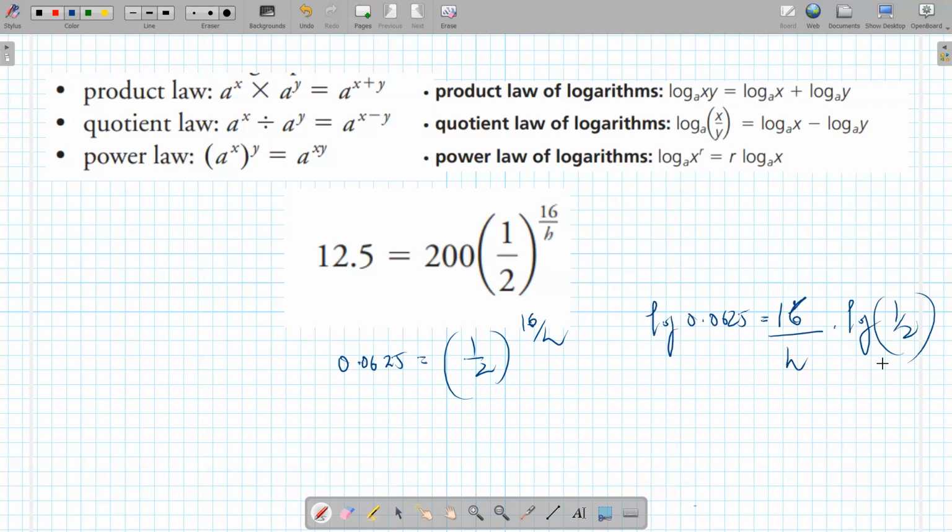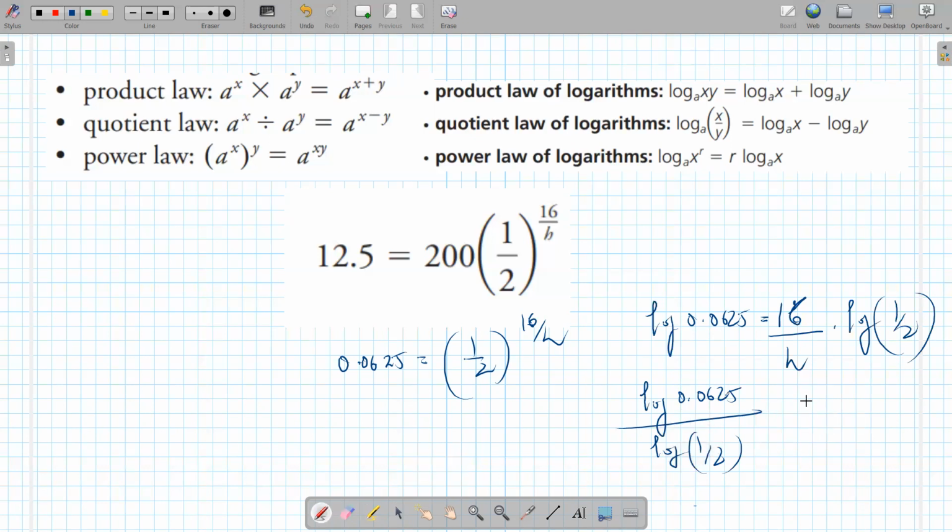You divide by log of 1/2. Right, so it becomes, look at this, log of 0.0625 divided by log of 1/2. You can even write this as log base 1/2 of 0.0625 only. And then you multiply, okay, actually, no, you don't multiply. Then what?